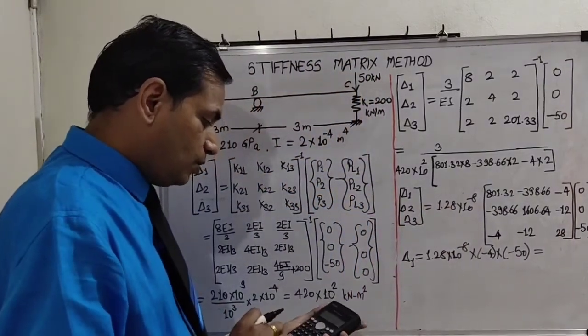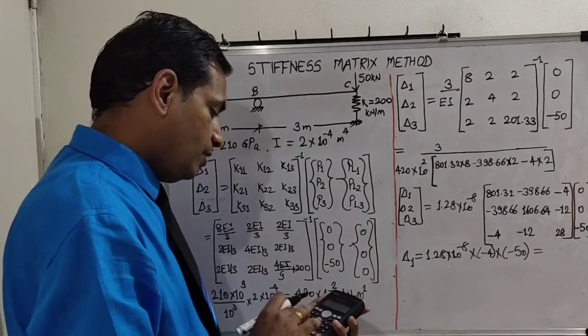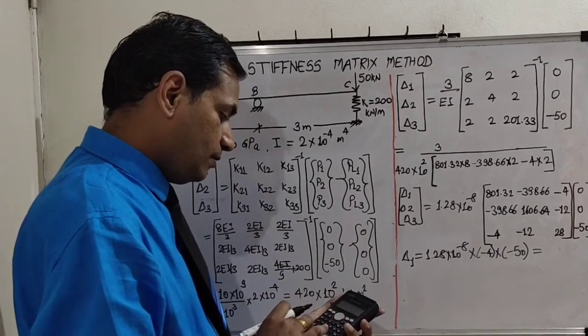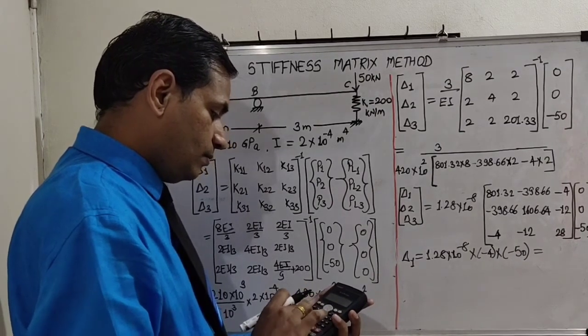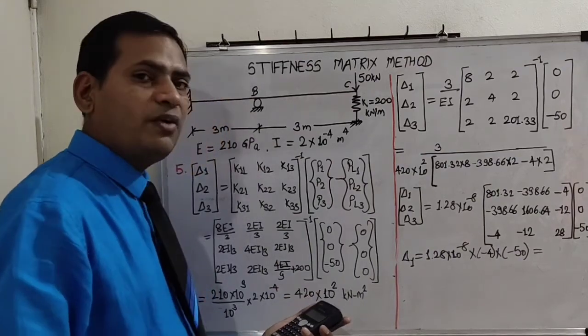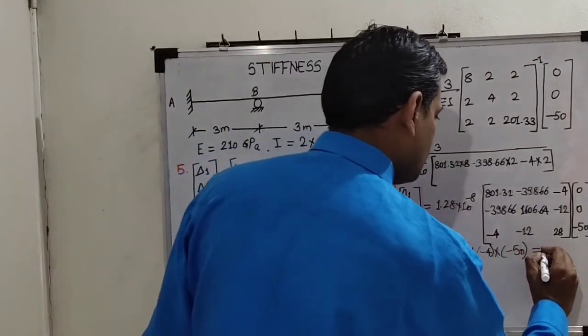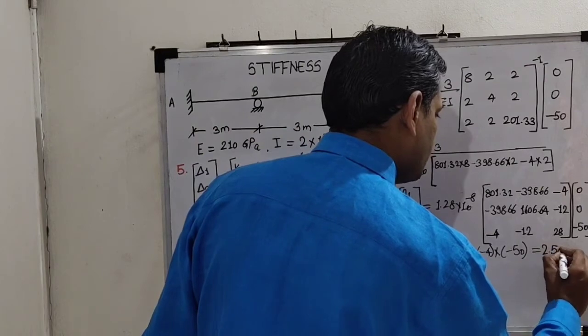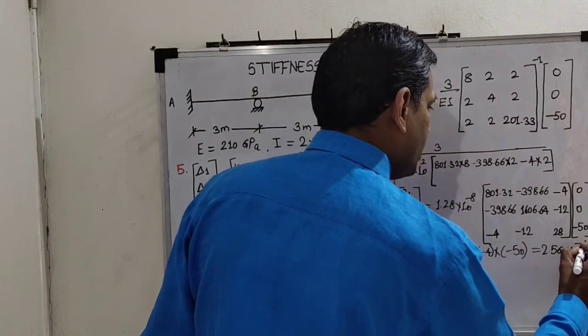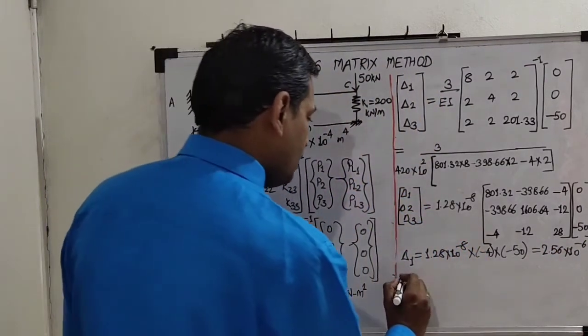So 200 into 1.28 into 10 raised to minus 8. So the answer is 2.56 into 10 raised to minus 6.